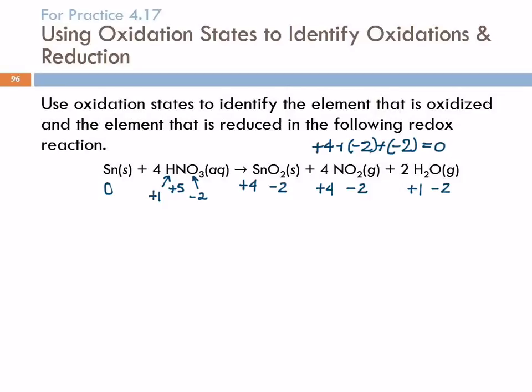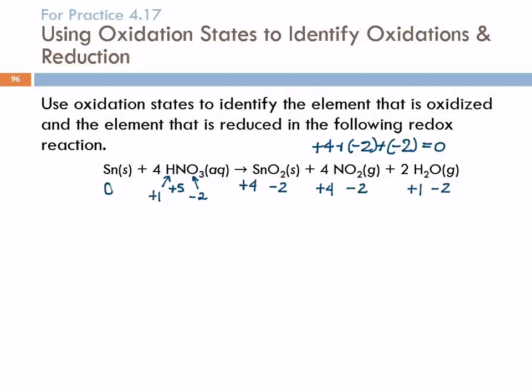And so we do know that, like, when carbon reacts with oxygen, it's a combustion reaction, and all combustion reactions are redox reactions. But how can we tell which one's being oxidized and which one's being reduced?